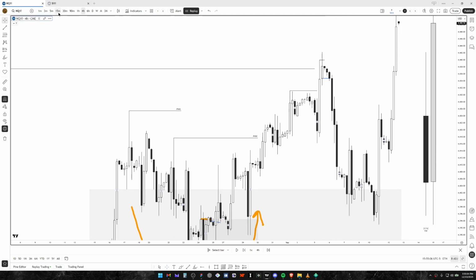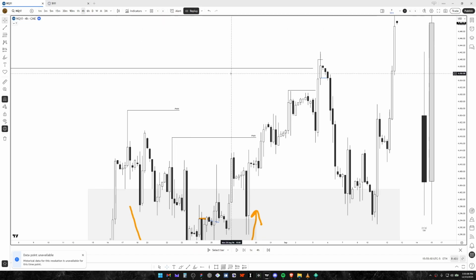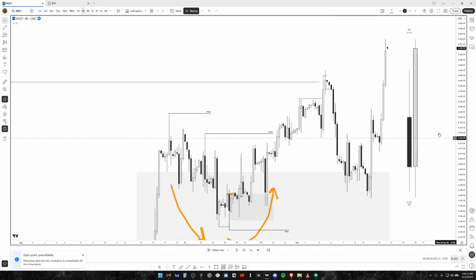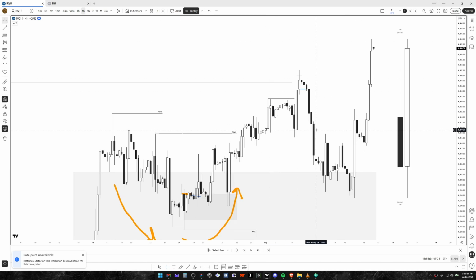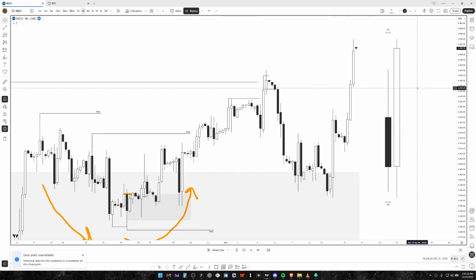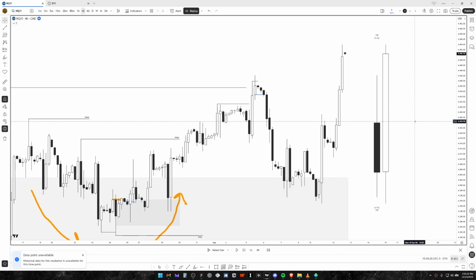It's beautiful. With this knowledge I have understood: great, we swept the high of the monthly, we have changed state of delivery, and that would be our interest for bearish.